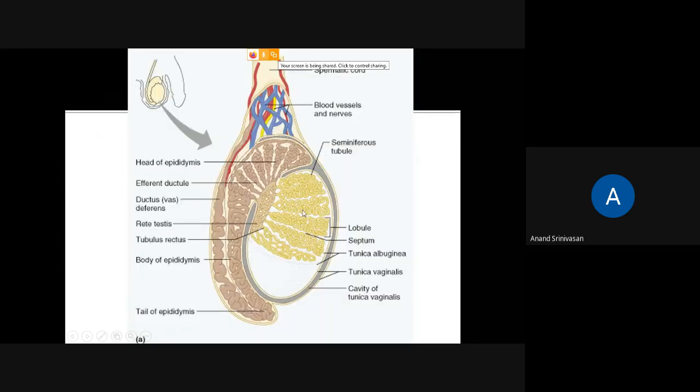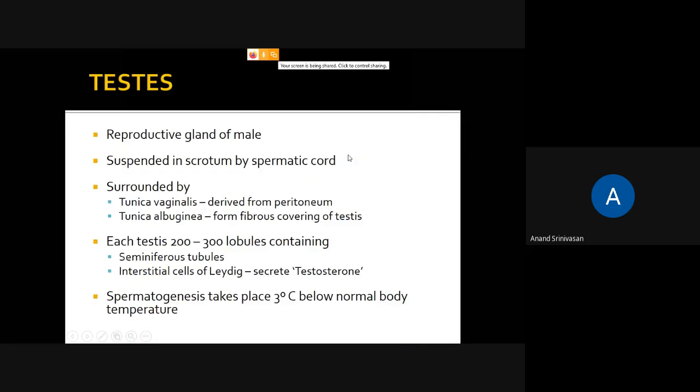In each compartment there are tiny tubes, and these tubes are called seminiferous tubules.